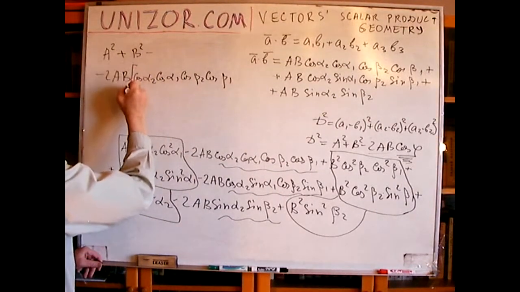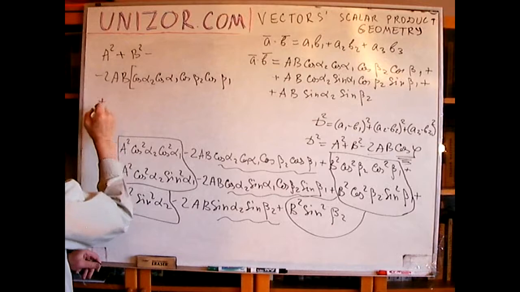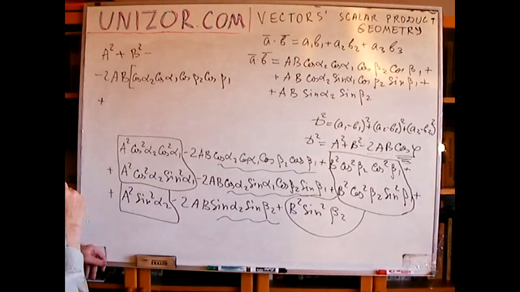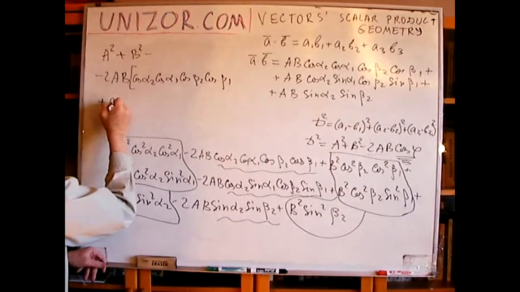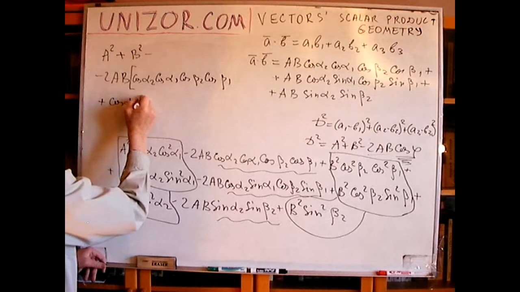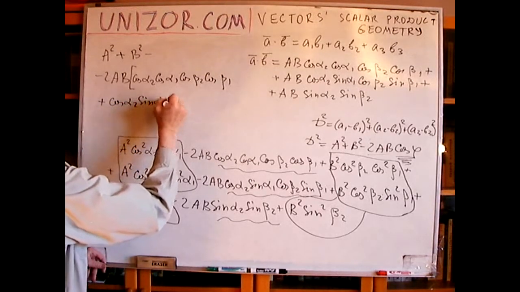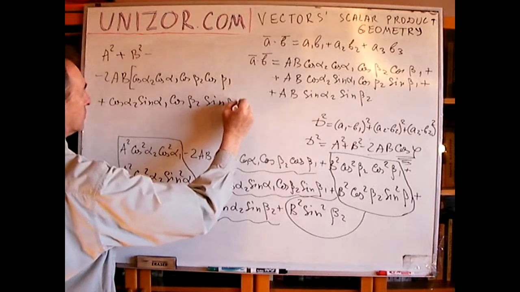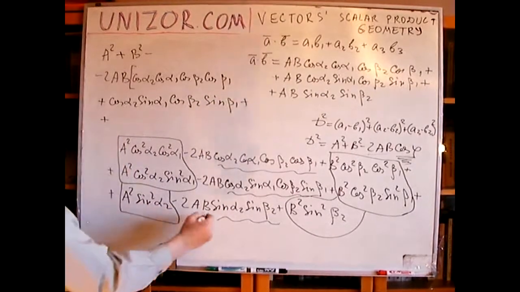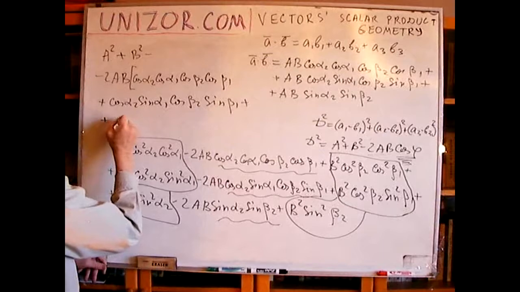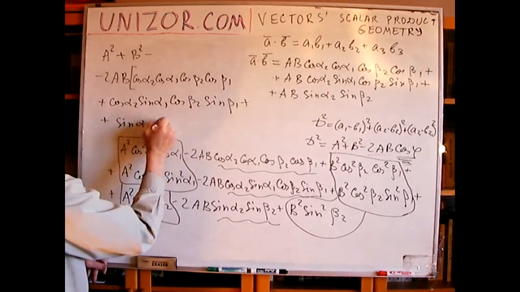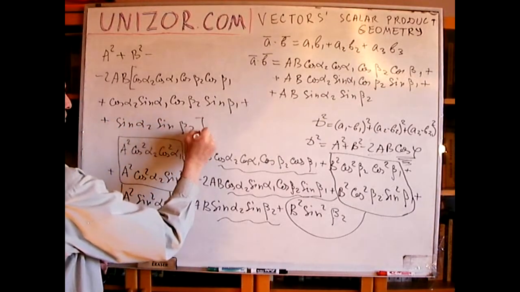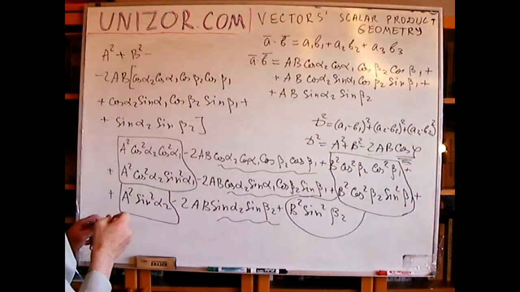Well, let me open the parentheses here. Now I will have only pluses. Cosine alpha 2, sine alpha 1, cosine beta 2, sine beta 1, plus, and the last one is sine alpha 2, sine beta 2. That's what I will have.